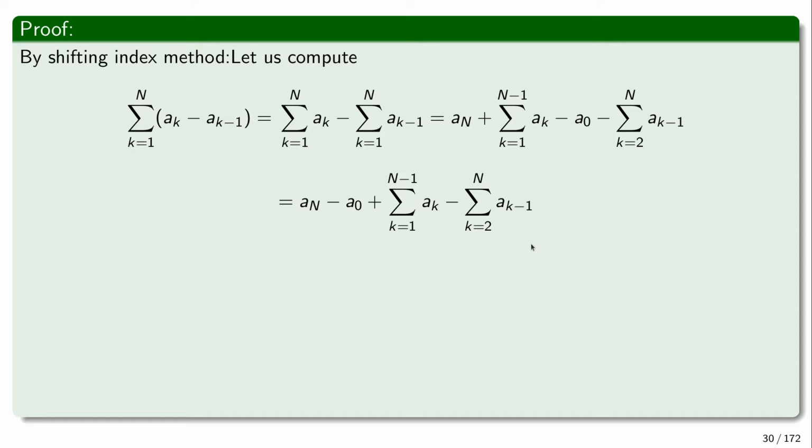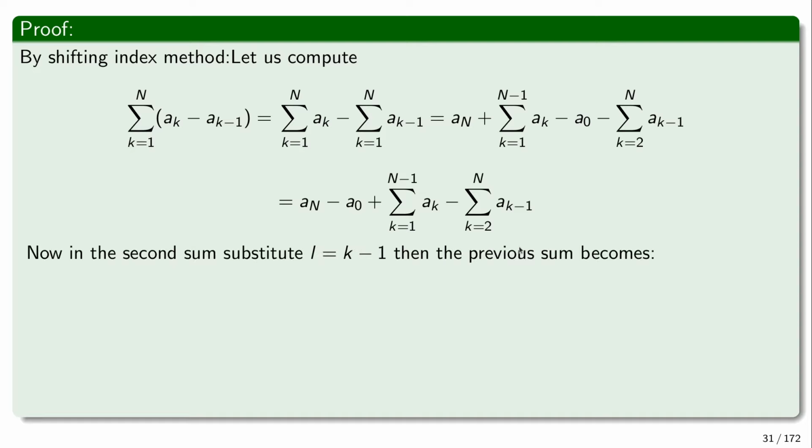So essentially, the trick that we need to do here is to shift the index, right? So we're going to substitute l equals k minus 1 for this term. And then what we're going to have is that for this sum over here, as k goes from 2 up to n, if l is k minus 1, so here we're going to have a_l. If k is 2, then l is 1. Sorry for the mistake, it's supposed to be l. And when k is n, then l is n minus 1, right?